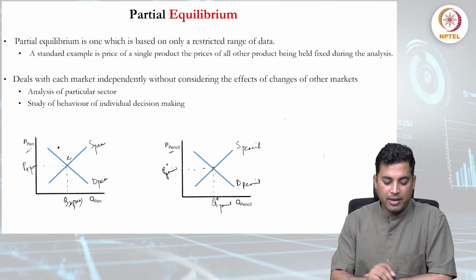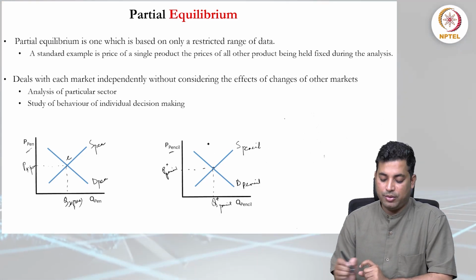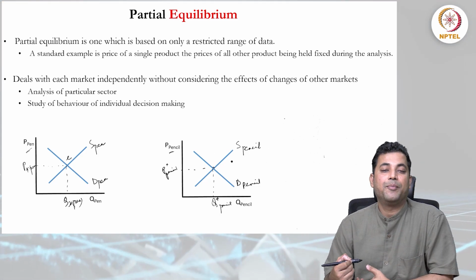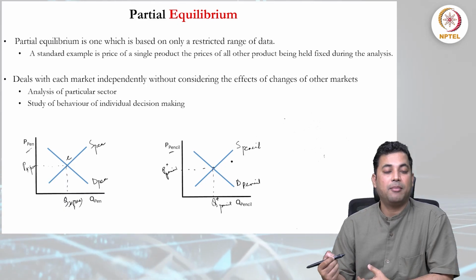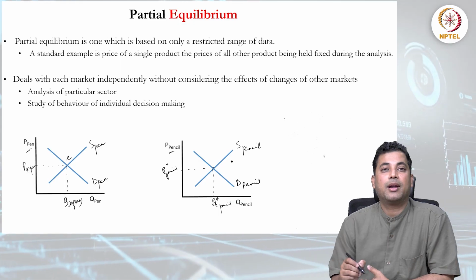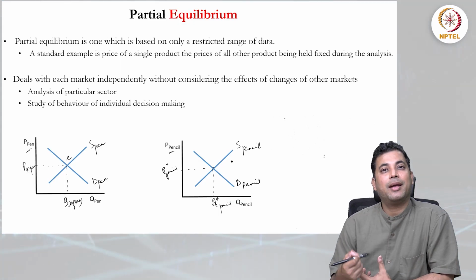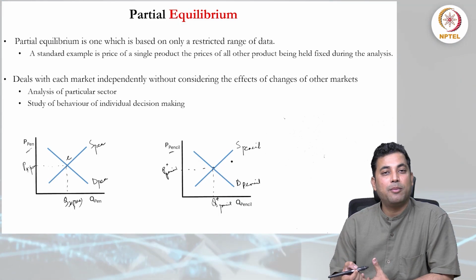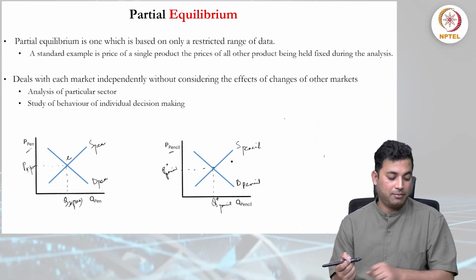So pen and pencil, although dealt with differently at the market, are independent. So one can call this partial equilibrium, like analyzing one market or one product at a time.